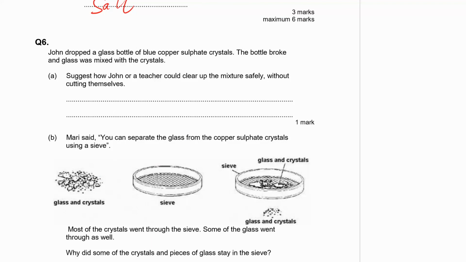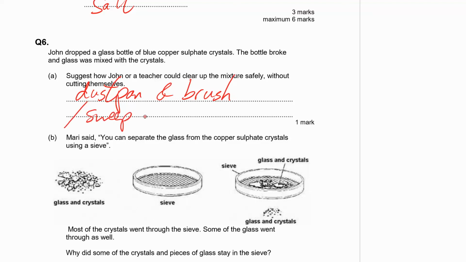Suggest how John or a teacher could clear up the mixture safely without cutting themselves. So essentially there's been a breakage of glass. And the key thing would be to use a dustpan and brush, or sweep it up.